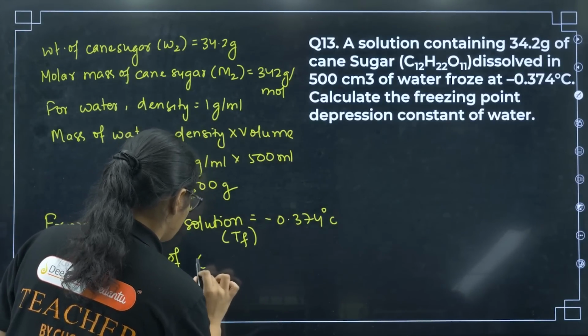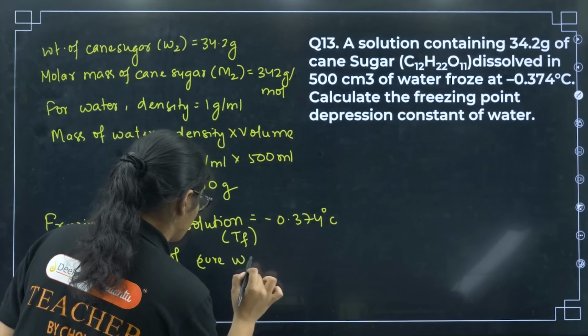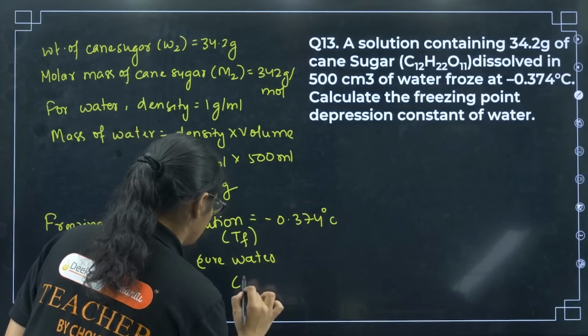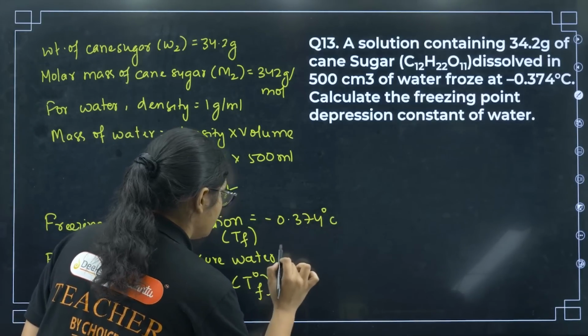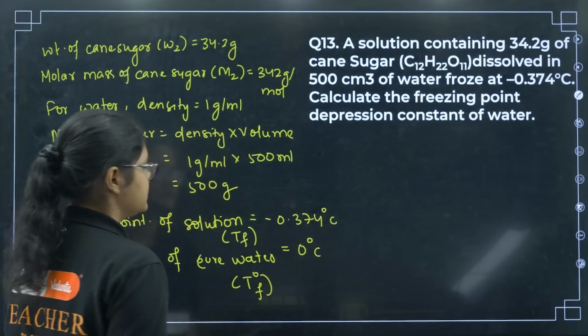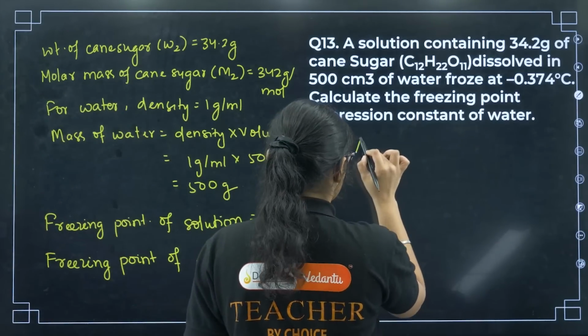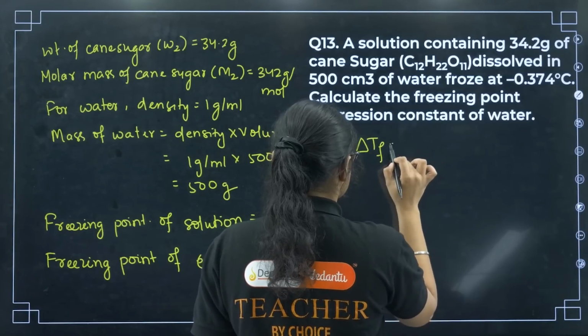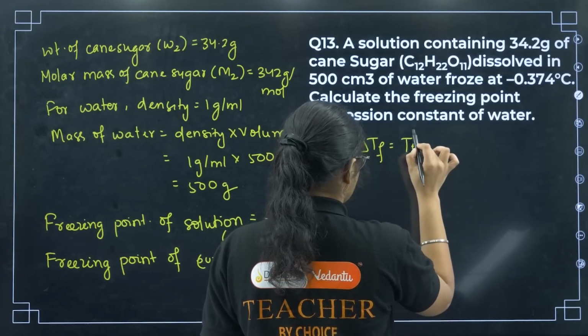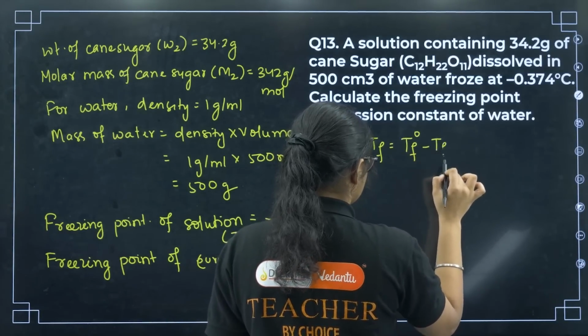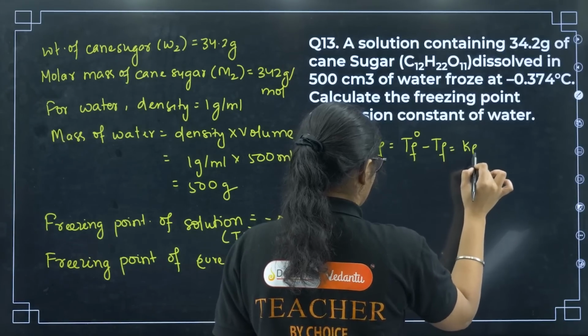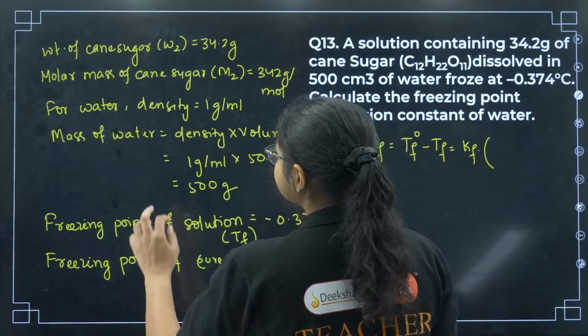This freezing point of pure water is T naught F, and that is equal to 0 degree Celsius. Okay, now you have to calculate the value of Kf, right? So I can write delta TF is equal to T naught F minus TF is equal to Kf into molality.